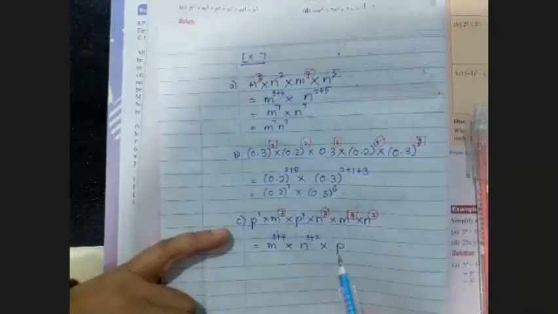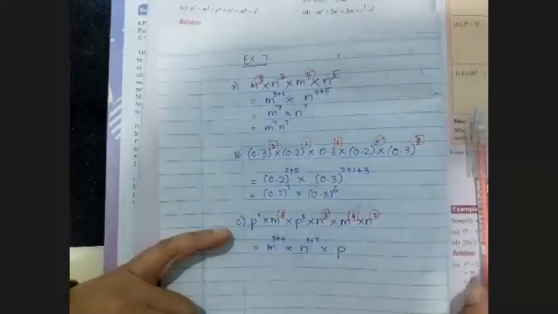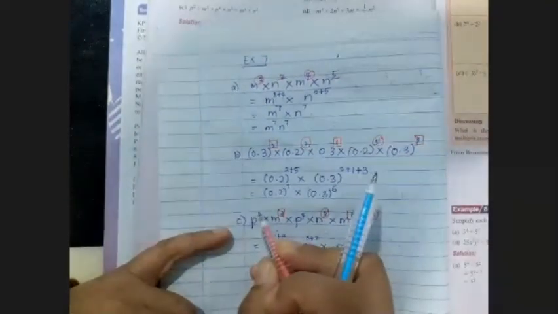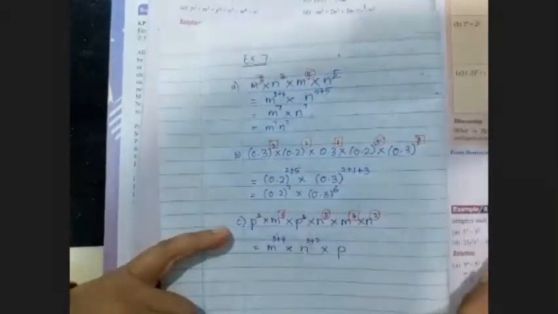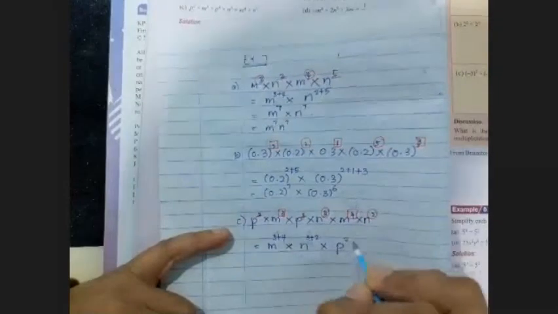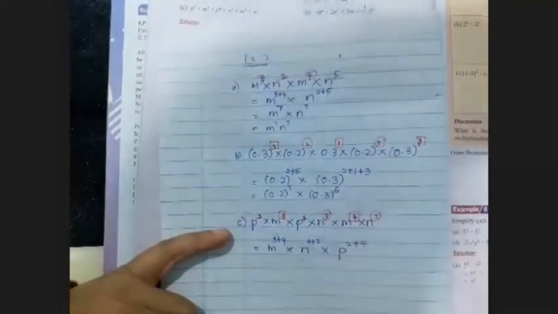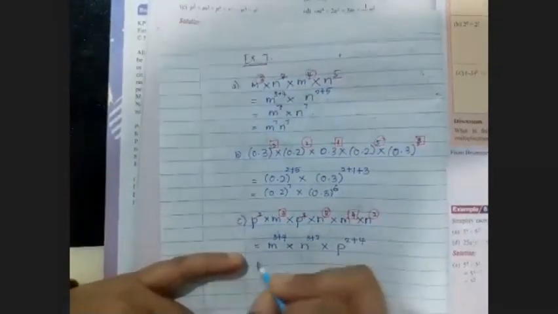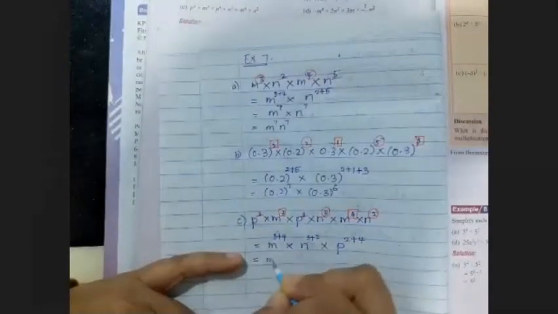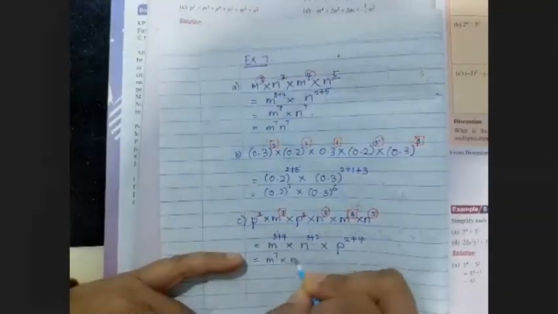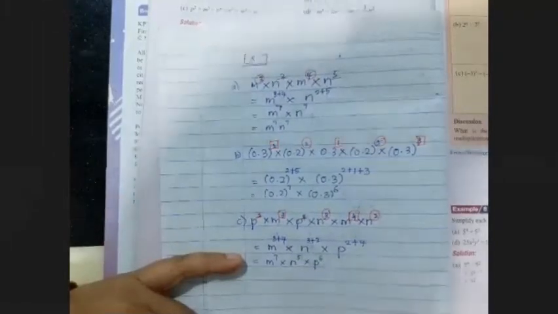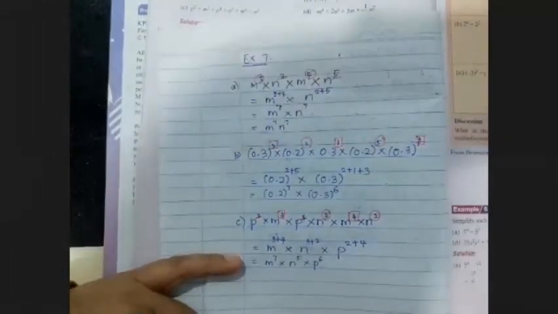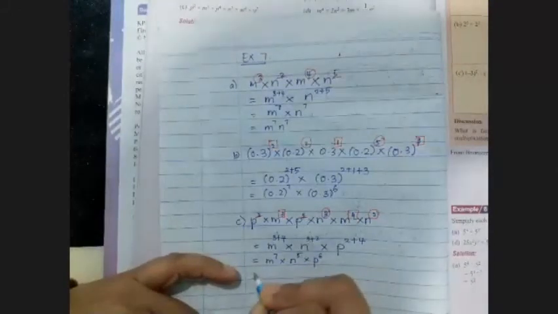For p, last one, this is p power of 2 multiply p power of 4. So 2 plus 4. So m power of 7 multiply n power of 5 multiply p power of 6. Okay, final answer.